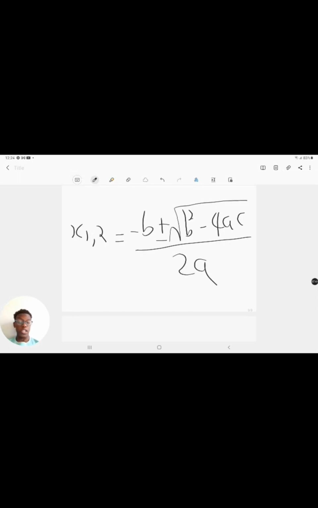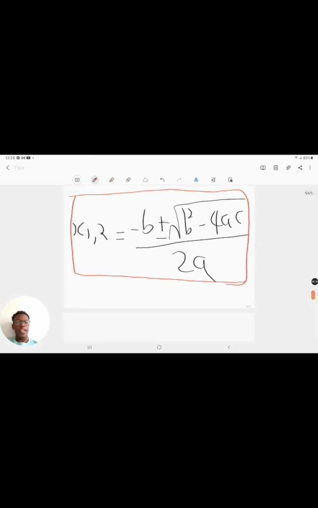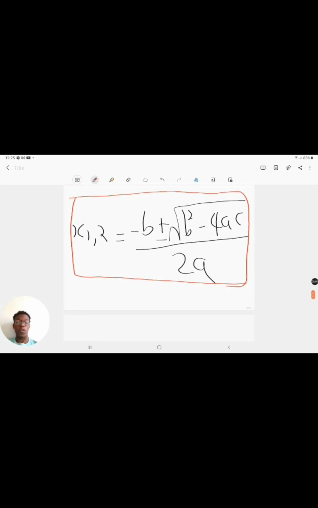You use this equation to find the x-intercepts of your quadratic function. That is all you use this equation for. Now, if you use this equation to find the x-intercepts of your quadratic function, then you will agree with me that it follows that you use this equation to find the roots of your quadratic function, right?